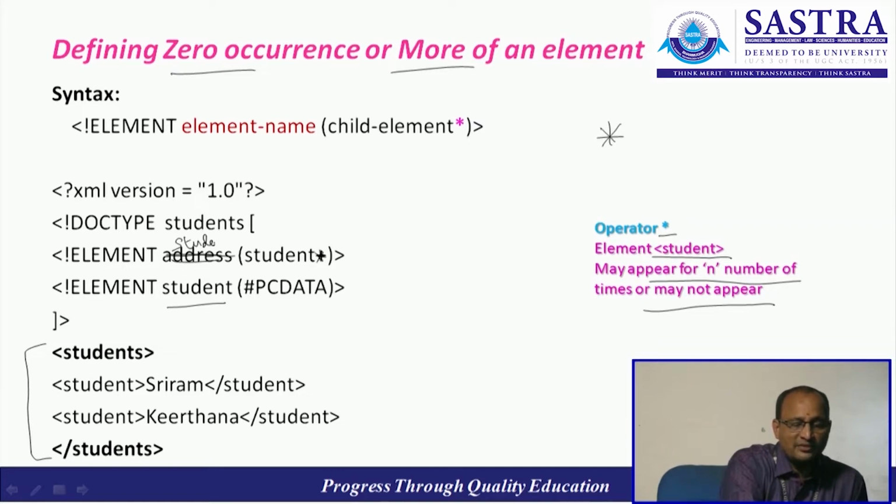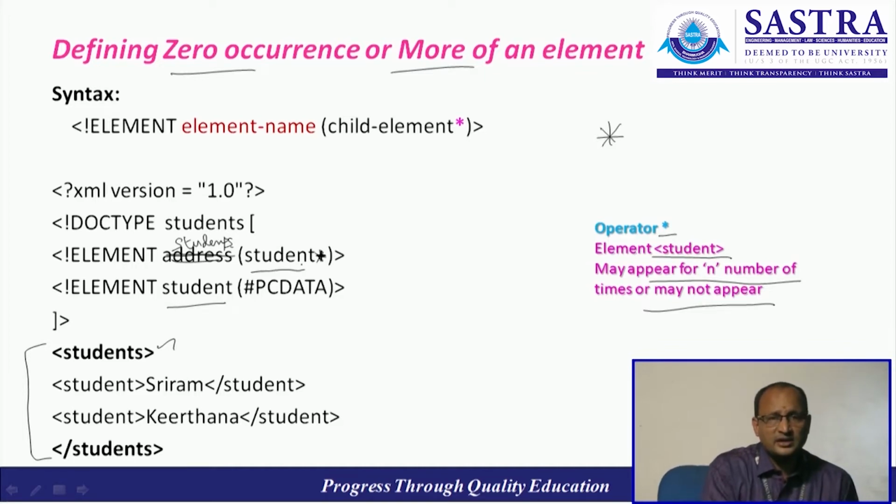We should be very careful to specify parent element as well as child element. Here I have specified students is a root tag, and student, which is singular, with its number of occurrences more than once.